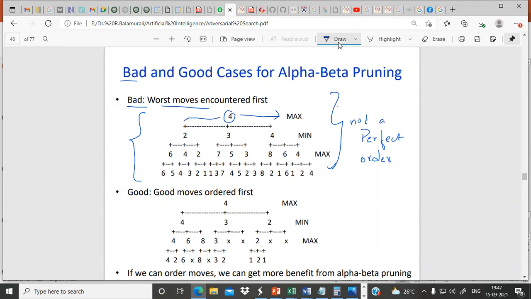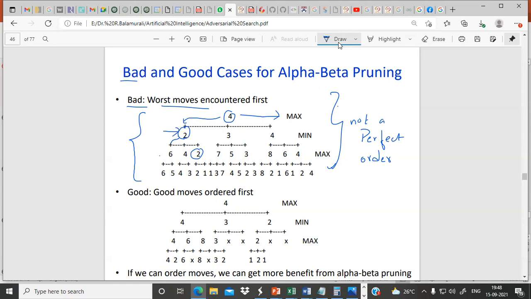Actually, from the root node you are choosing whatever the max path is, and then the min value is returned. Here the min will choose 2, and so on it goes, min, max, alternating. We don't know how much depth it goes. Finally the value backed up at this level is 2.